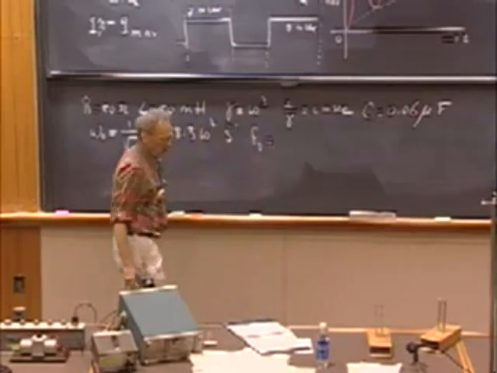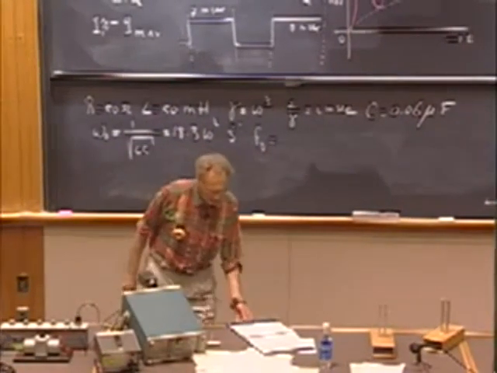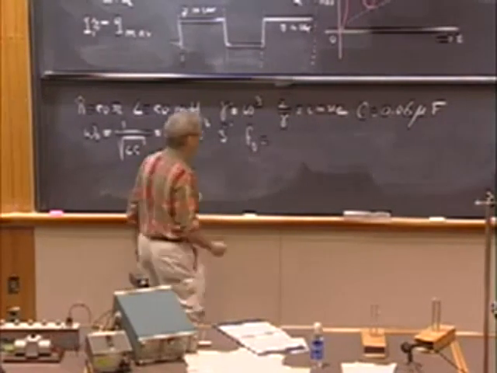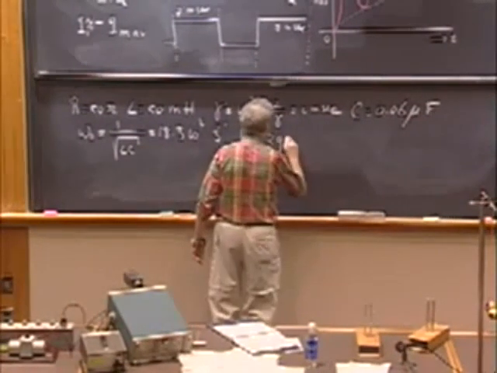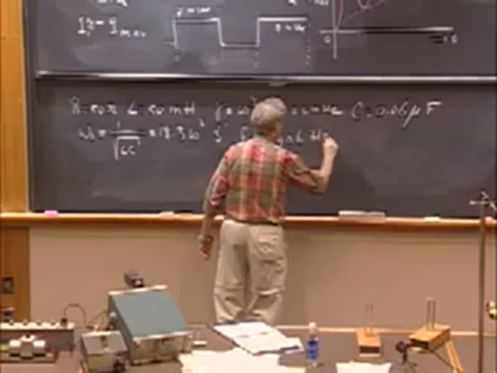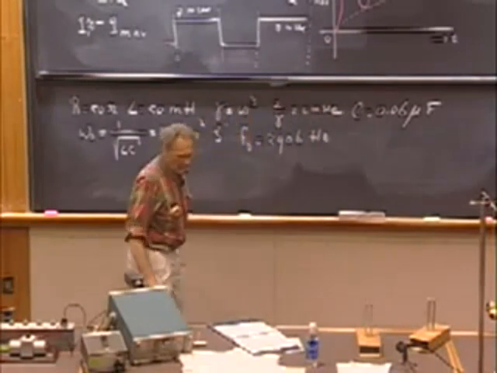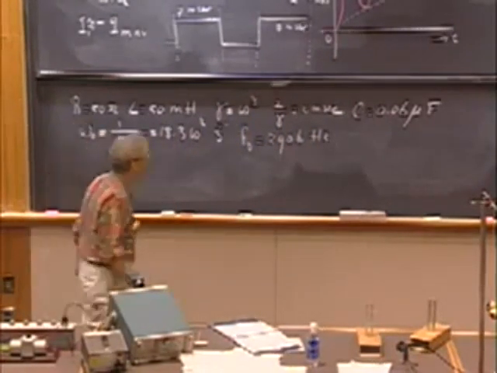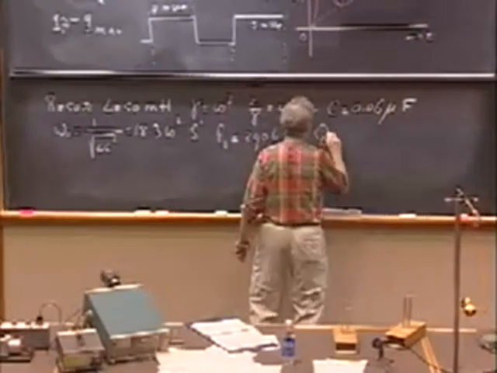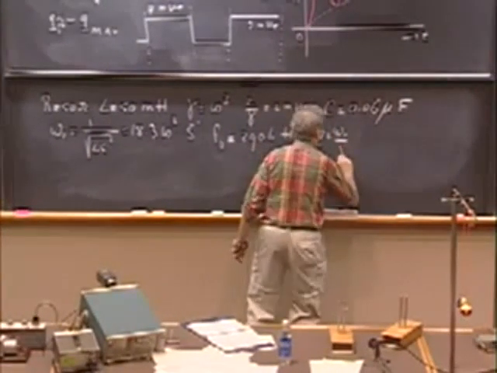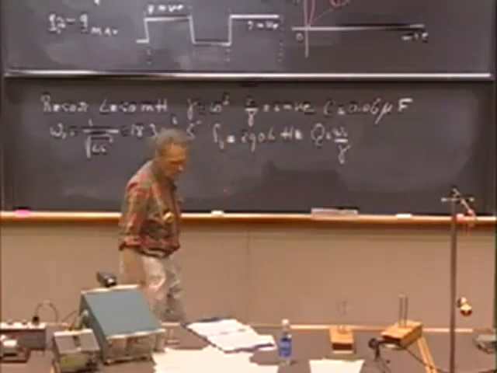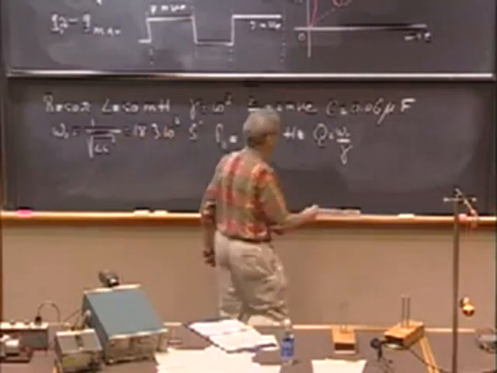The frequency in hertz, which is 2 pi lower, is then 2906 hertz. And so now you have also Q, which is omega 0 divided by gamma, and that Q is now 18.3.